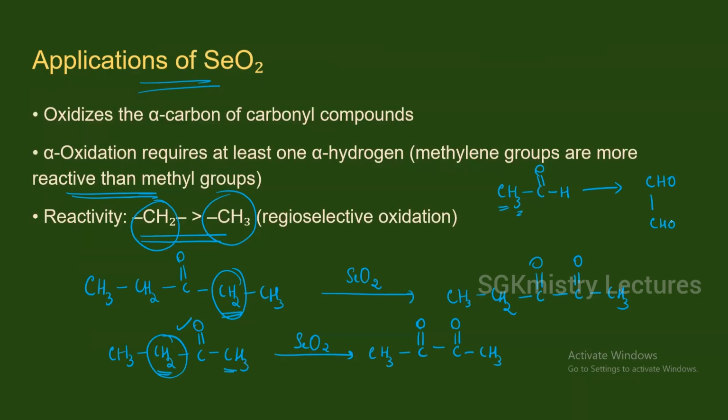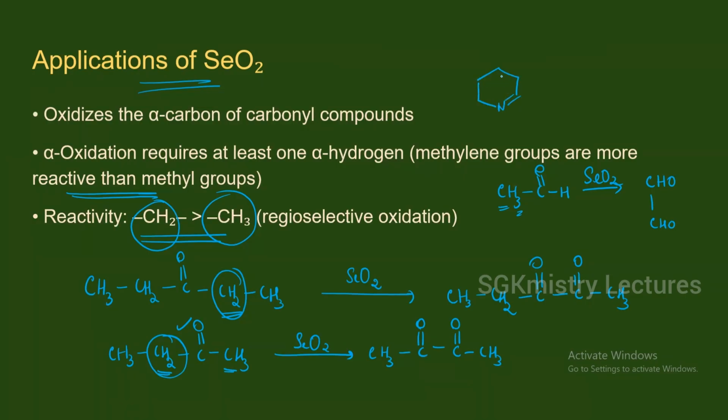So this is how selenium dioxide acts on the substrates to give the respective products. Mainly it is regioselective oxidation that is taking place, and mainly the alpha carbon has to be concentrated upon when we are writing the products. Right. Again, suppose you are taking a compound like this.